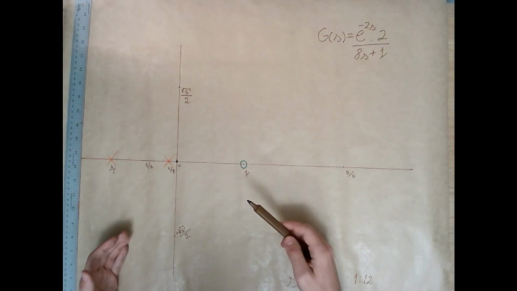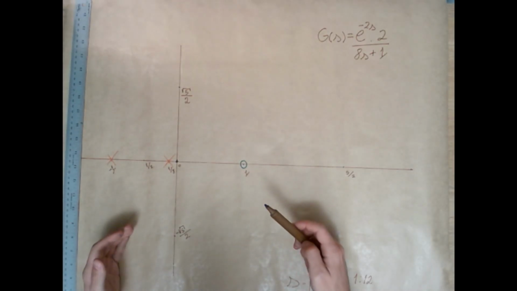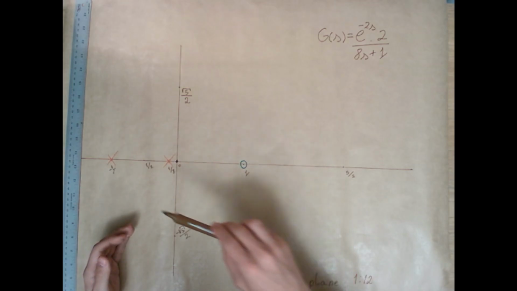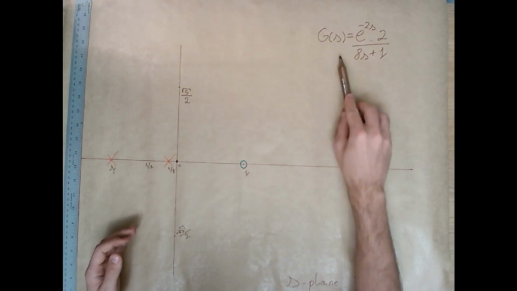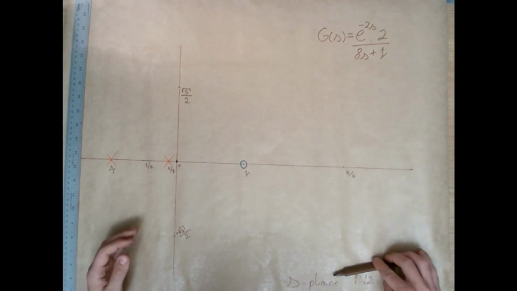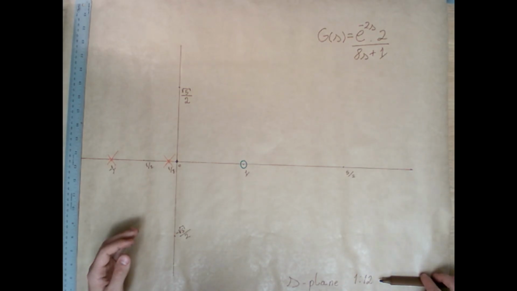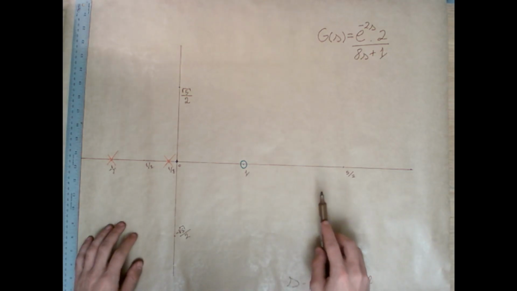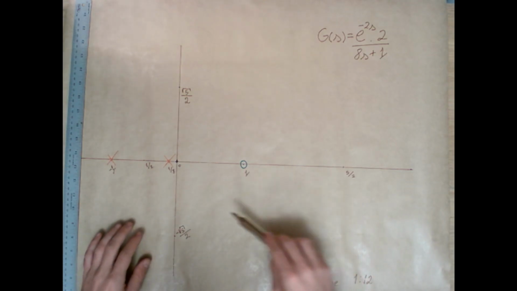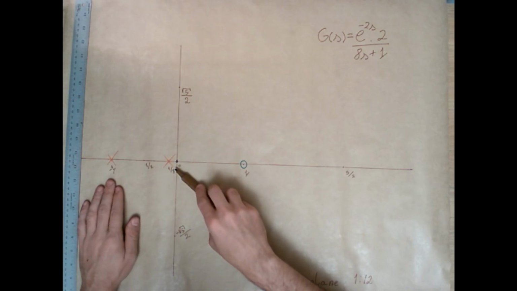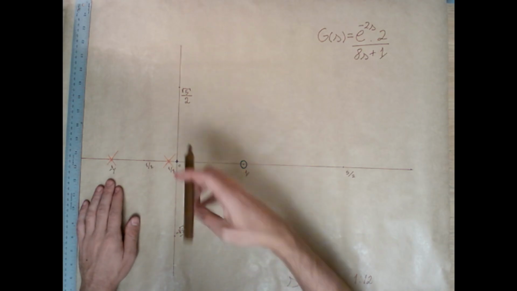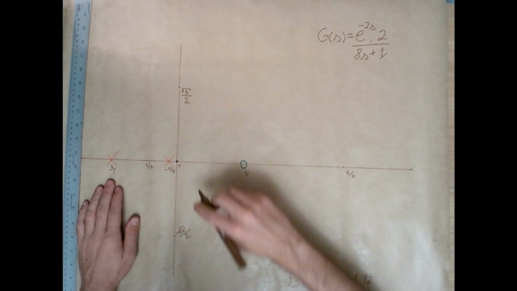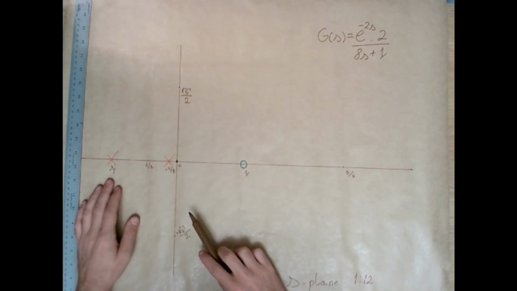With that, we now have gathered all the information required for us to plot the root loci of g of s on the s-plane with a scale of 1 to 12. I have already marked down all the points of interest. Here we have the two poles at minus 1, 8 and minus 1.